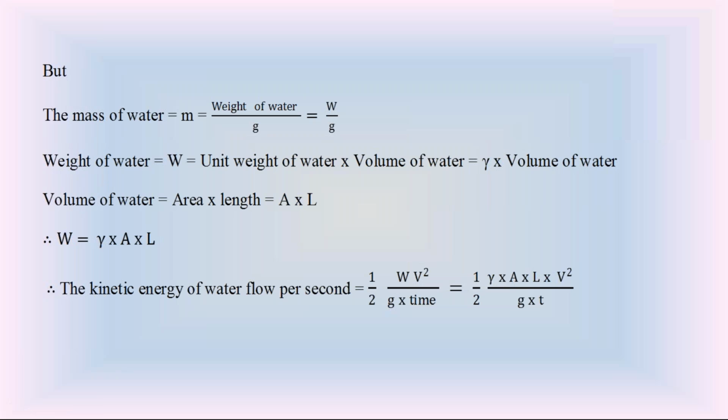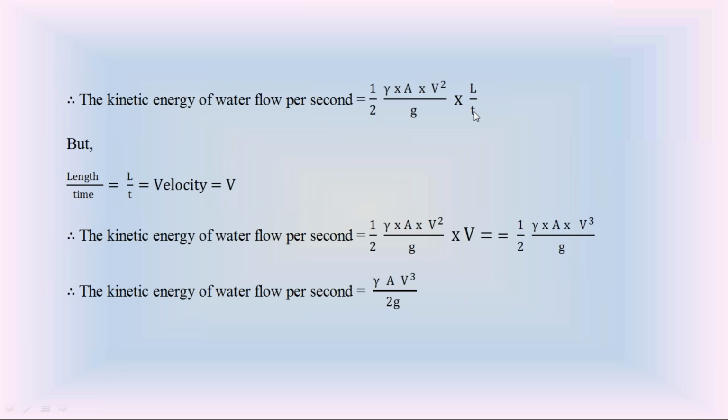But mass m is equal to weight by acceleration due to gravity, W by g, and W is equal to gamma into A into L. So half into gamma into A into L into V square divided by g into T. T is the time. I separate this L by T on the right hand side.